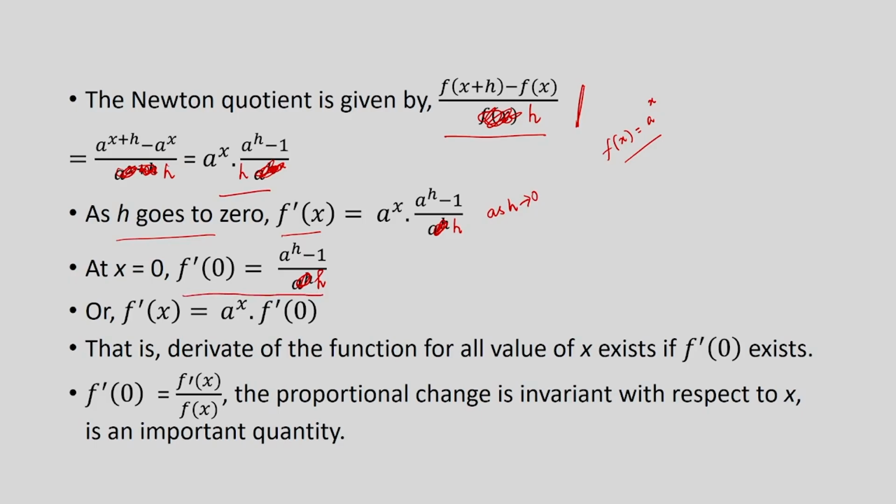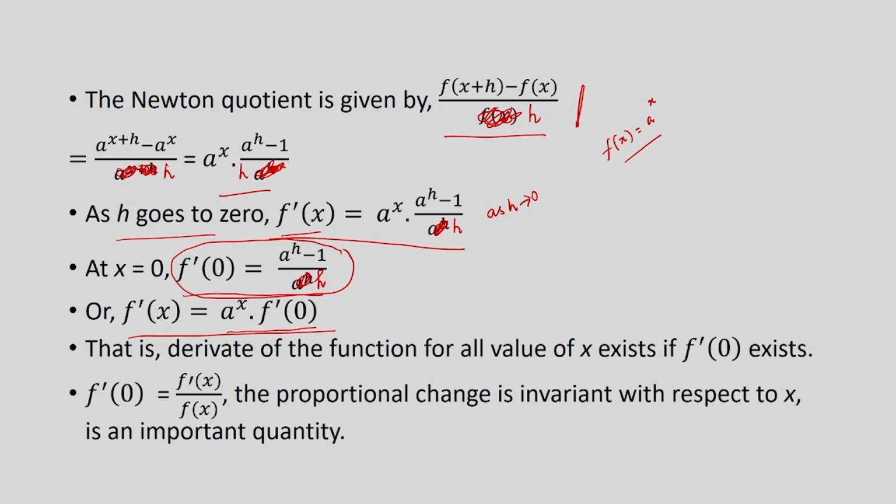So therefore I find that f dashed of x is equal to a to the power x multiplied by a to the power h minus 1 divided by h, which in fact is equal to f dashed of 0. So I substitute that here. So I get this expression, f dashed of x is equal to a to the power x multiplied by f dashed of 0.